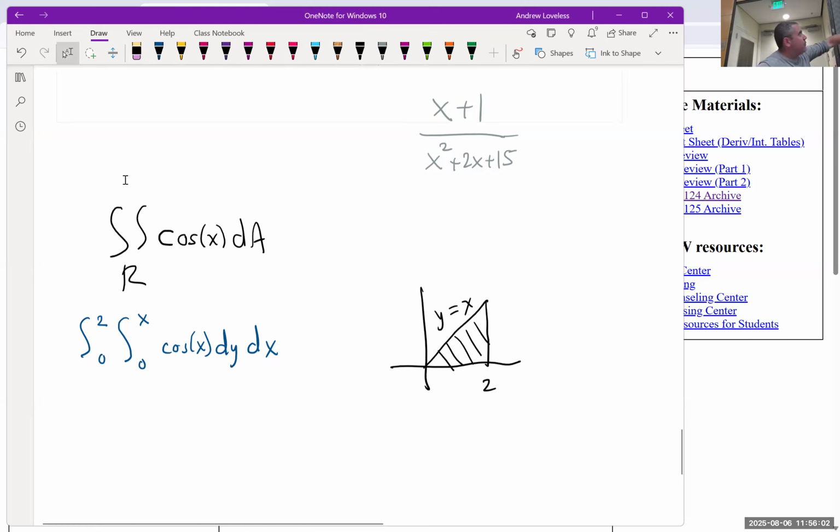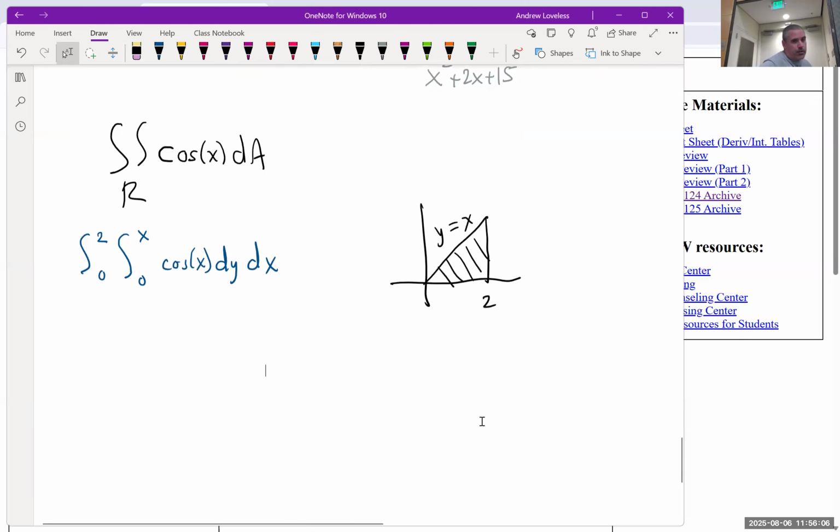So let's say you set it up this way, which is a perfectly reasonable way to set it up. And you start integrating. So what's your first step? So integrate with respect to y. Because there's no y here, thanks, Kevin. That's like a constant.